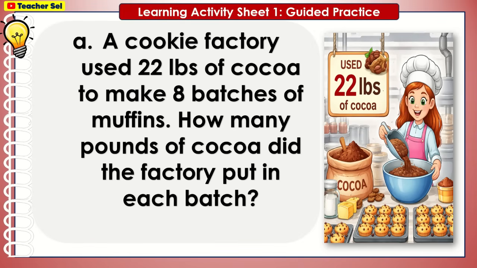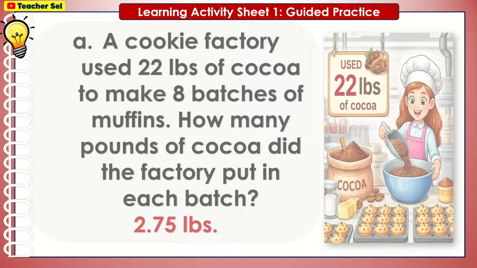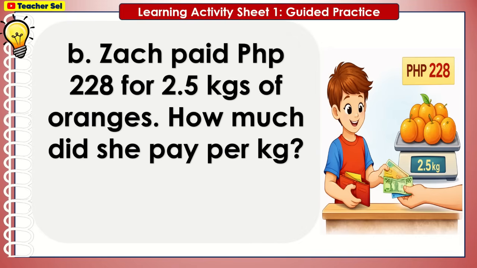A cookie factory used 22 pounds of cocoa to make 8 batches of muffins. How many pounds of cocoa did the factory put in each batch? 2.75 pounds. Zach paid 228 pesos for 2.5 kilograms of oranges.